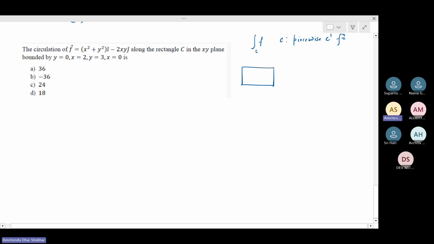So this is 0, this is 2, this is (0, 2), (0, 0), and this is (0, 3). Sorry, this is (2, 0). This is (0, 3). Okay.